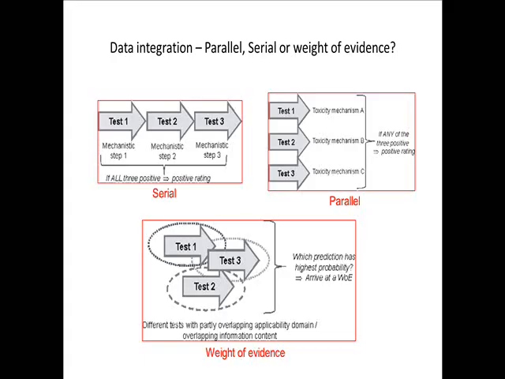And we think that all these tests need to be positive for a positive rating. On the other hand, we can have a situation where our tests only reflect one possible mechanism. So we will need a parallel battery of several tests. This is classically today done in genotoxicity, where we have base mutations or clastogenicity measured in different assays, which are then combined in a parallel manner.